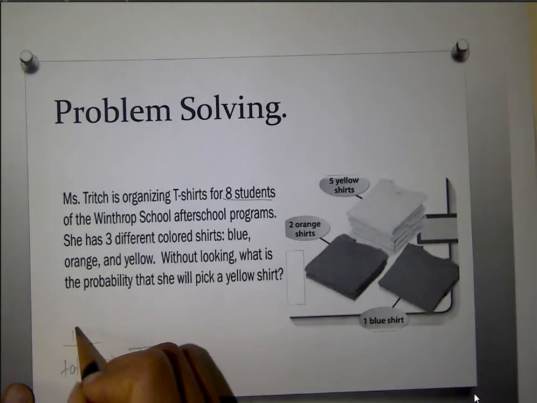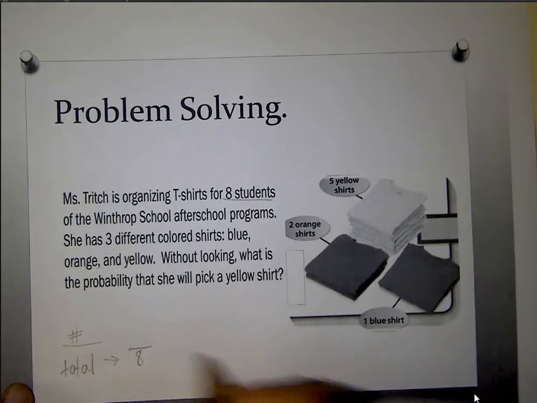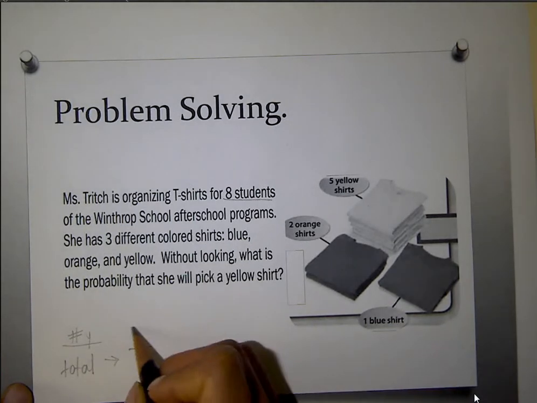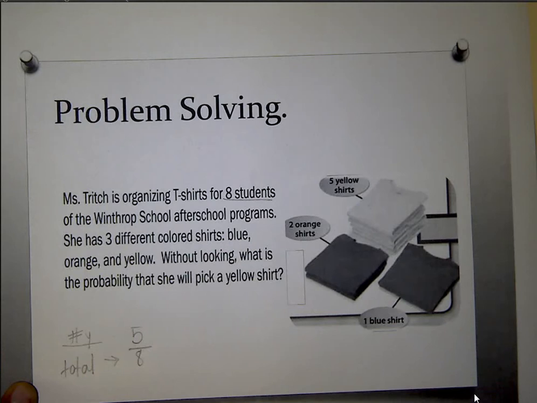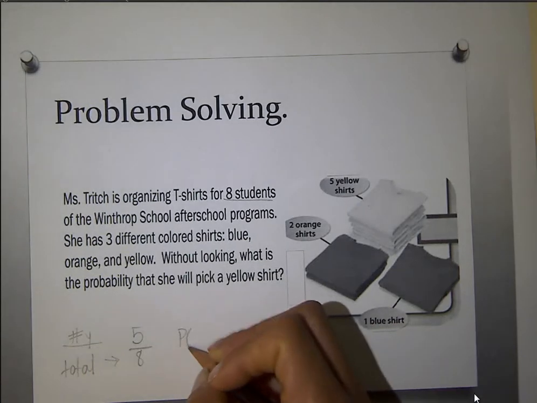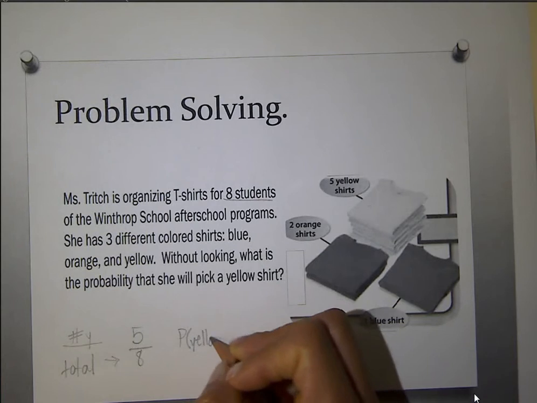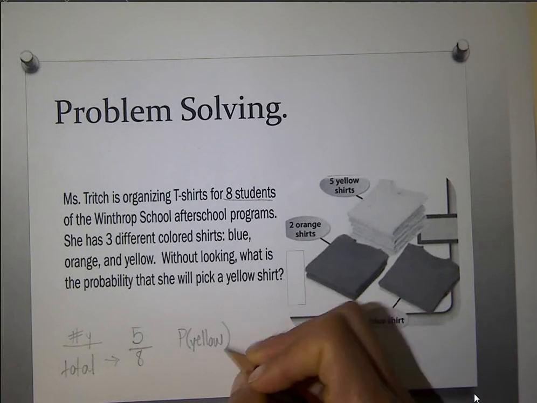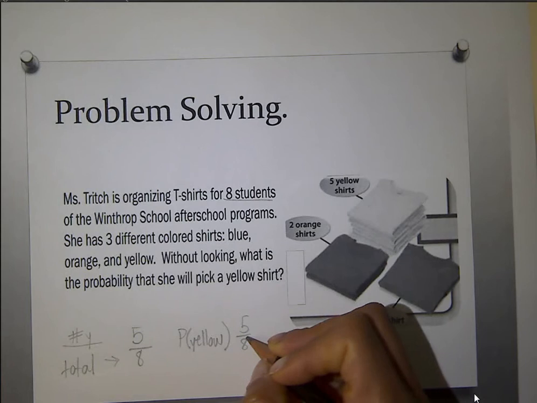And the number of yellow that I have is 5. So the probability of picking a yellow is 5 over 8.